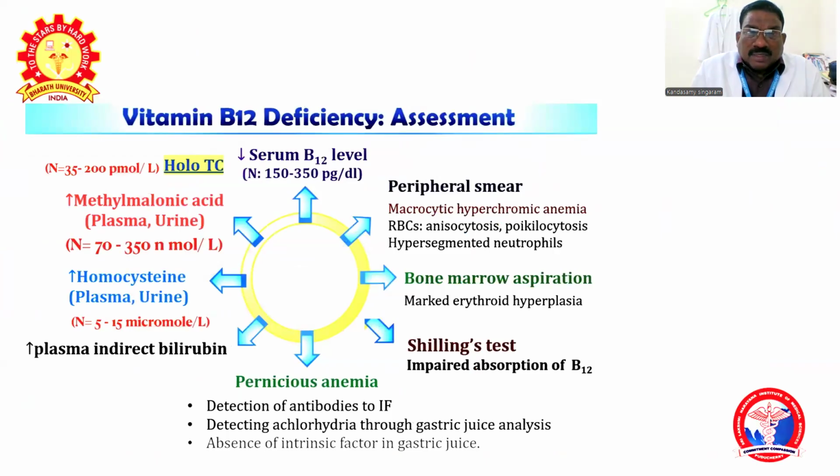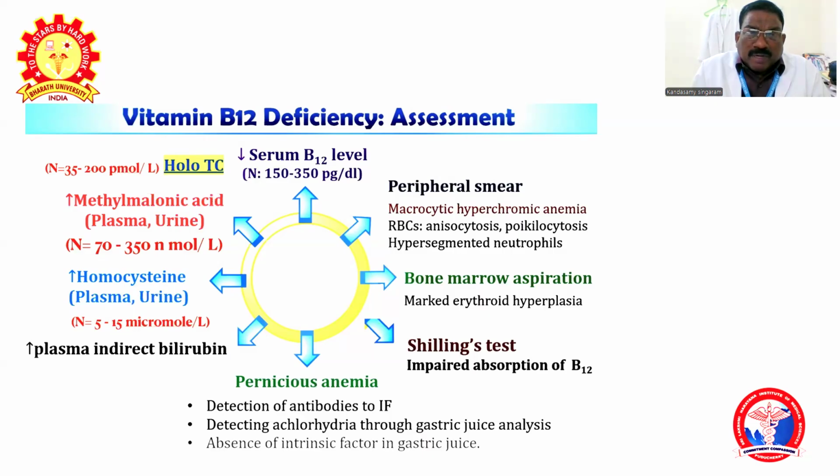How will we assess vitamin B12 deficiency? We can estimate the serum B12 level. Normal B12 level is 150 to 350 picogram per dL.